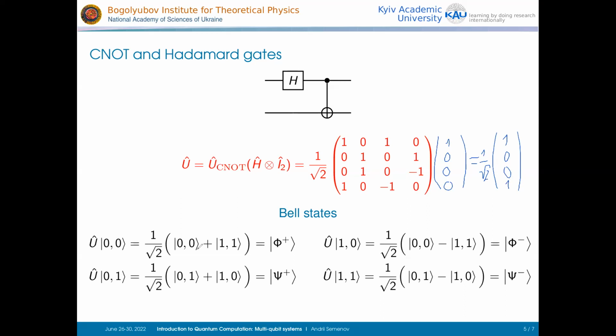Actually, this is this state, because your basis, as I remember, has 0, 0 as the first basis element, then 0, 1. After that, you have 1, 0, and here you have 0, 0. Something like this. So this is this vector. Do I answer your question?